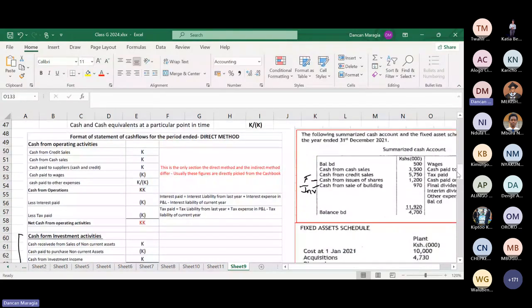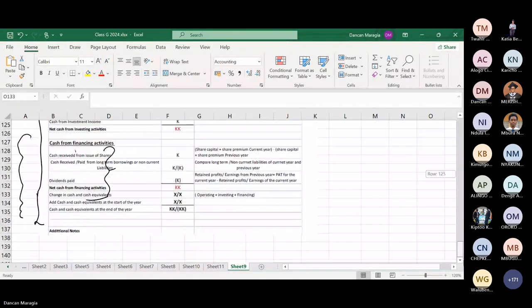But now the major difference is actually here. Cash from operating activities, things like cash from credit sales, cash paid to suppliers, wages, and expenses. This entire section under the operating activities is going to change when we come to the indirect method.